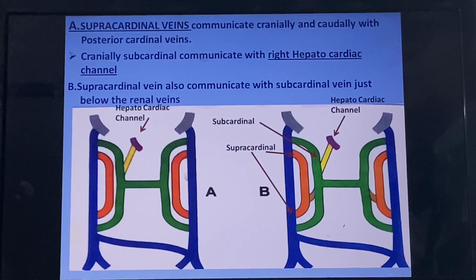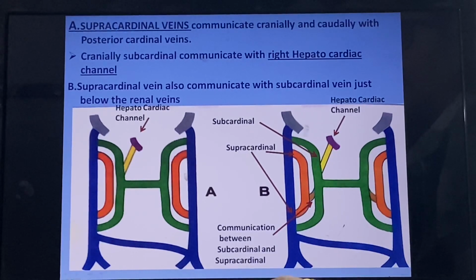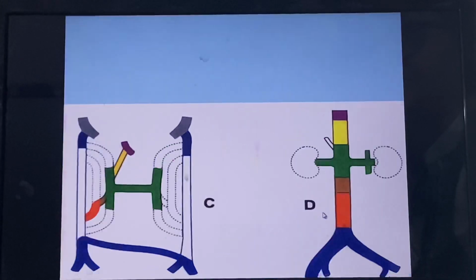The next step is that the supracardinal veins also communicate with the subcardinal vein just below the renal veins. So the first step is the subcardinal vein appearance. Next is the anastomosis between the two subcardinal veins. Next, the supracardinal veins appear, but the subcardinal and supracardinal both communicate with the posterior cardinal vein at both ends. Next, the hepatocardiac channel communicates with the subcardinal. Then the next step is the communication between the subcardinal and supracardinal.